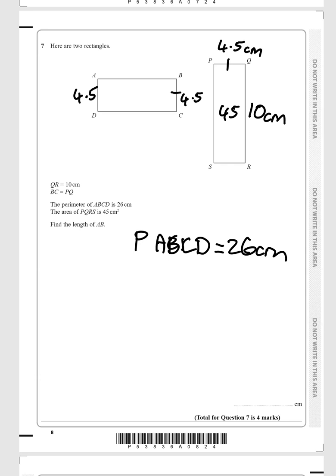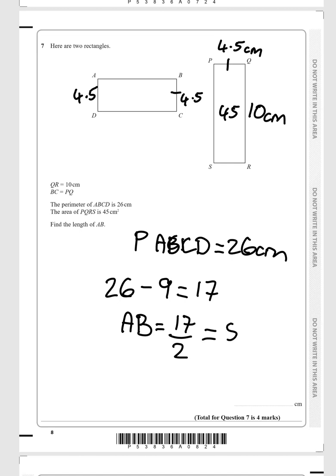These two bits are 9, so we need to do 26 take away 9. 26 take away 9 is 17, so actually AB is equal to 17 divided by 2, because obviously those two add up to 17, so it must be 8.5 centimetres. So quite an easy question once you've actually started drawing stuff on the diagram.